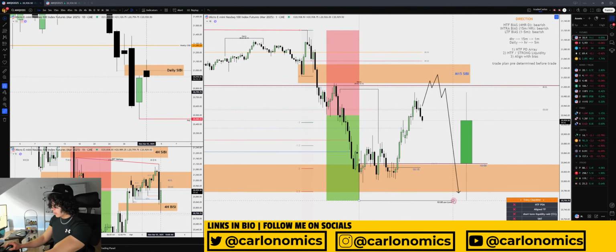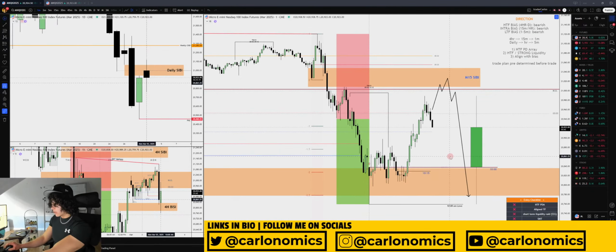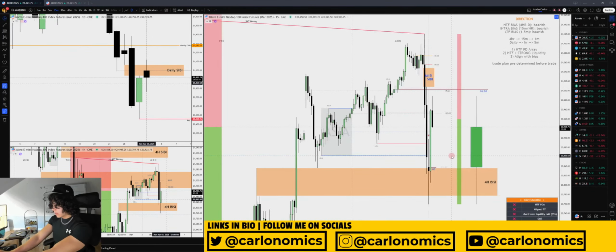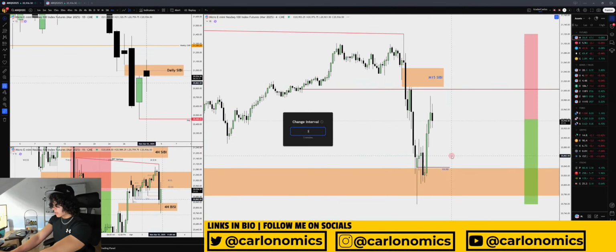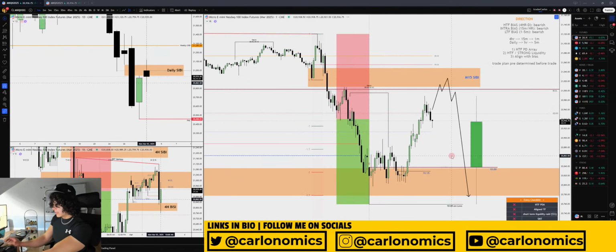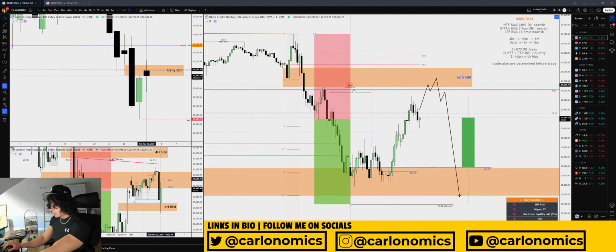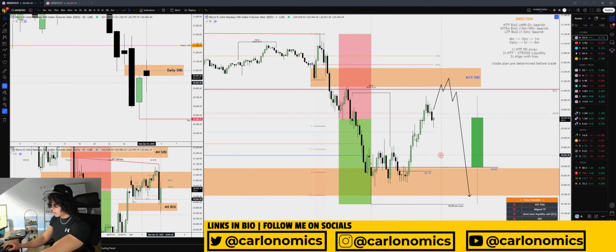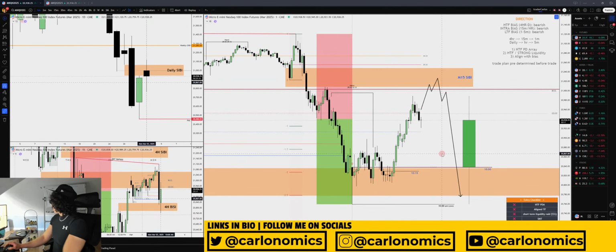I like this target, but as far as entry to get in, I don't really have a certain type of entry model right now that I'm seeing. The only one I see is this gap higher. If we have that 1-minute change in delivery from this gap higher at OTE and look for shorts, that'll look good, but I've got to be patient here.